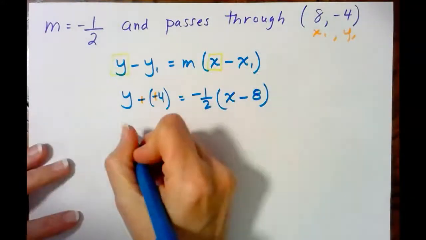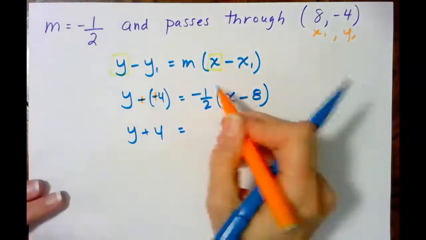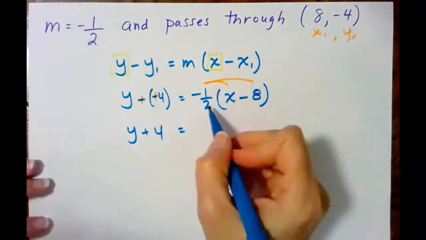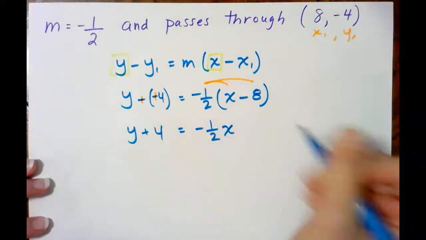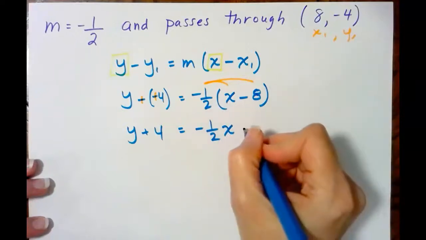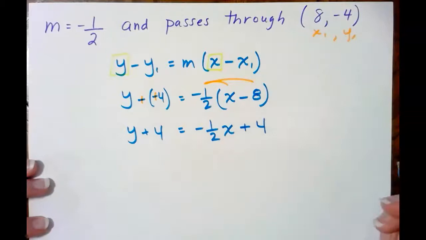So what do we really have? We really have y plus 4. And now, let's distribute that negative 1/2. Negative 1/2 times x is negative 1/2 x. Negative 1/2 times negative 8. A negative times a negative is a positive. Half of 8 is 4.